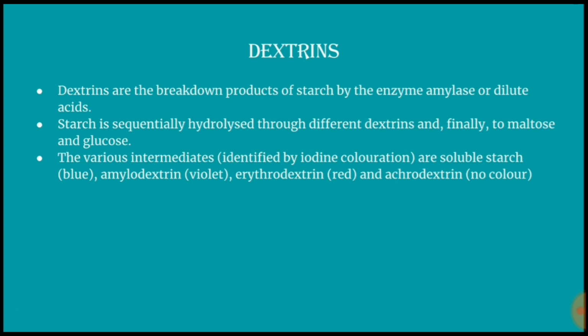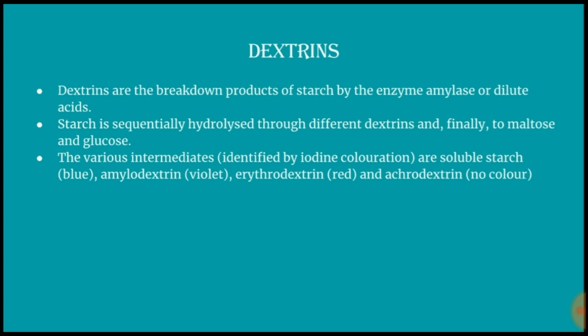Coming to dextrins, this is another form of homopolysaccharide. When breakdown takes place, dextrin is released as a product from the starch. Dextrin is obtained by the action of the enzyme amylase over starch. Starch can be hydrolyzed to produce dextrin, and dextrin can finally be brought into two products, maltose and glucose, by further hydrolysis.